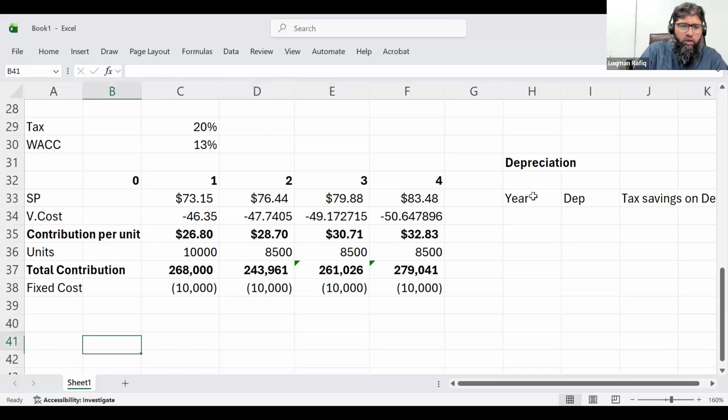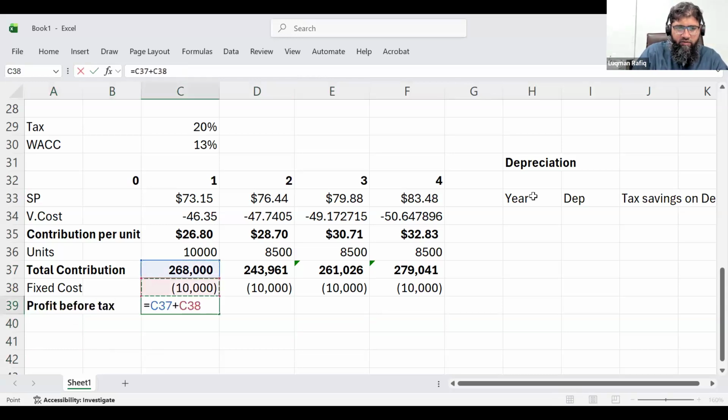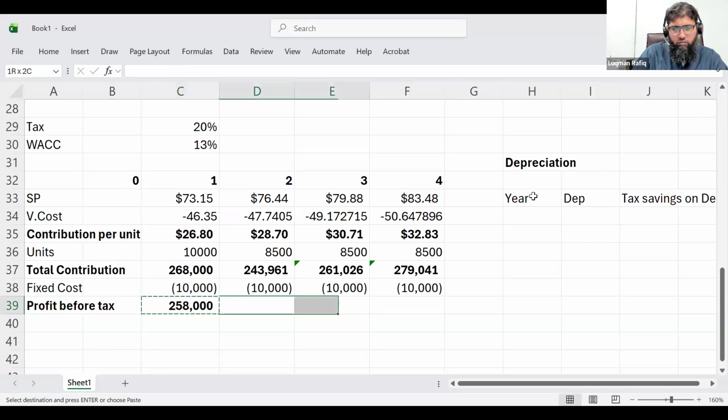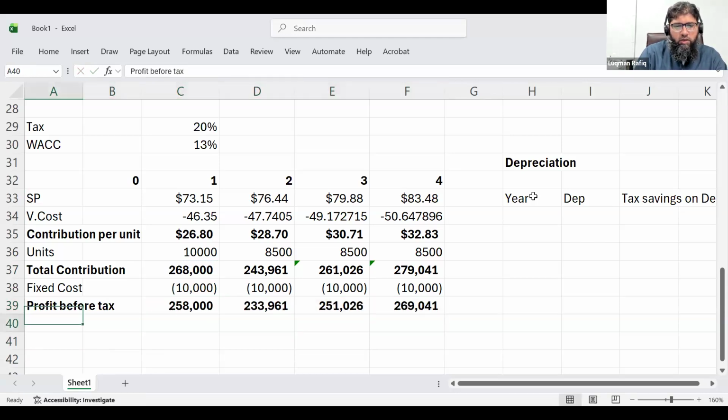So what you could do is say the profit before tax is this plus this. The taxation is at the rate of 20%.